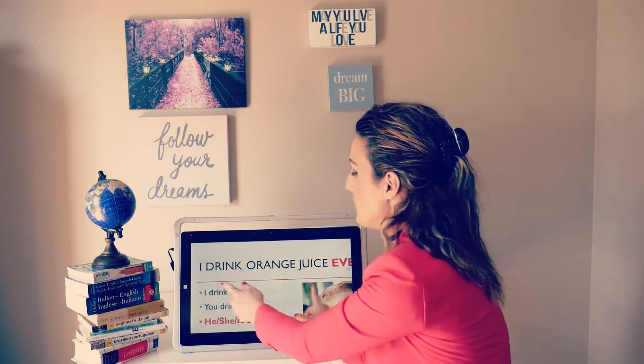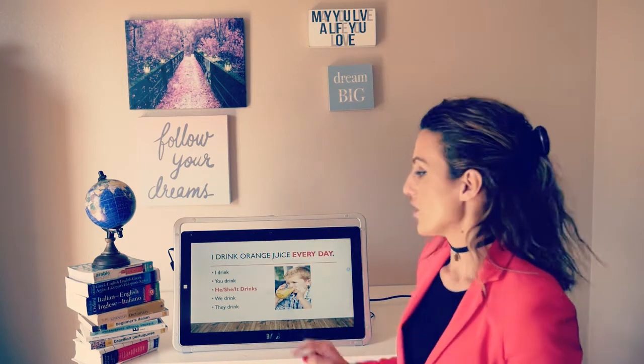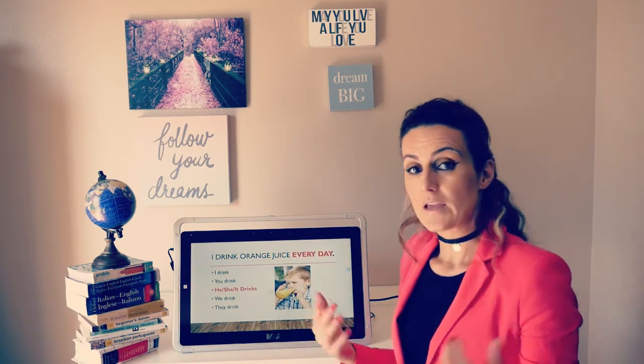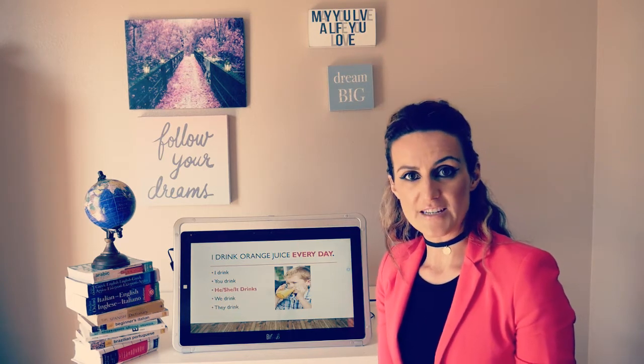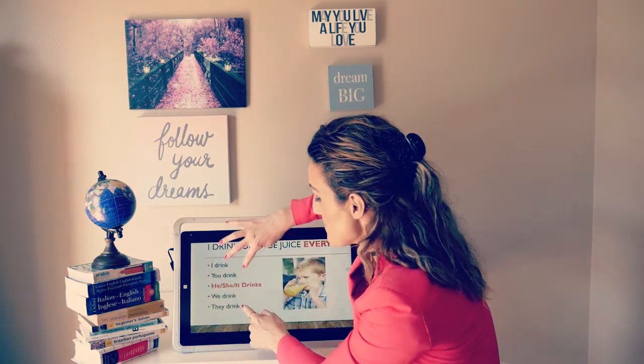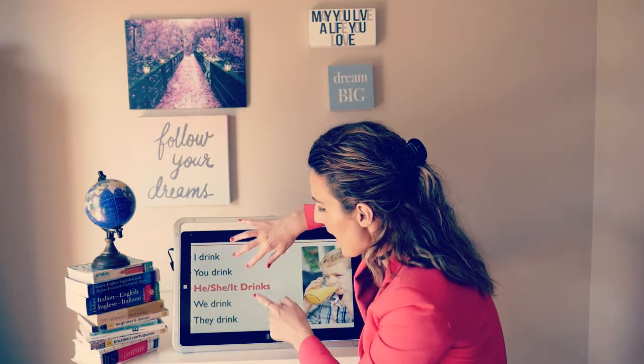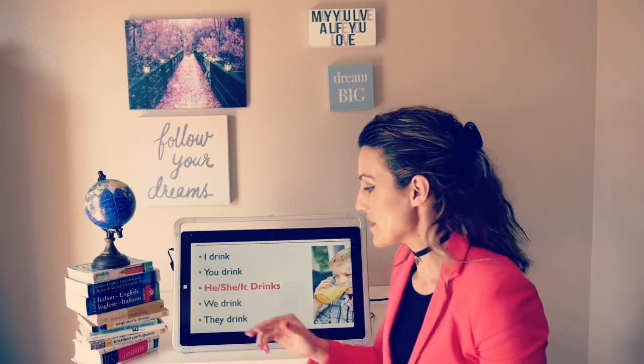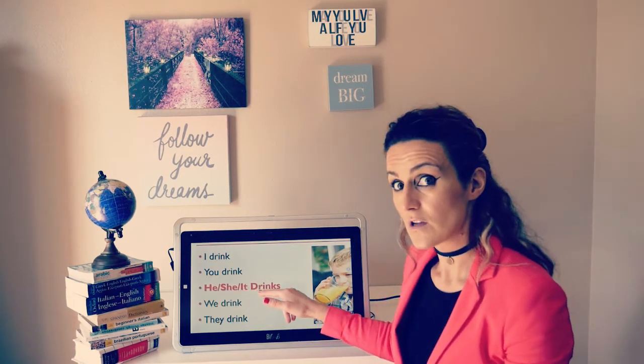So, here's an example. I drink orange juice every day. In this case, we use the simple present. I drink orange juice every day. Now, remember something here. Very, very important. When we are talking about the simple present, you must always be careful with he, she, it.